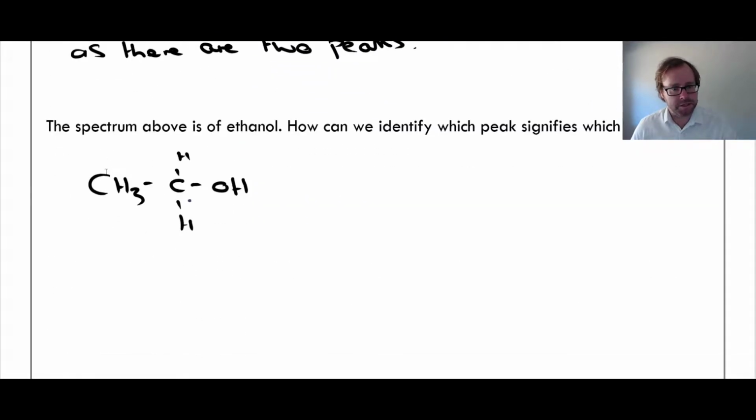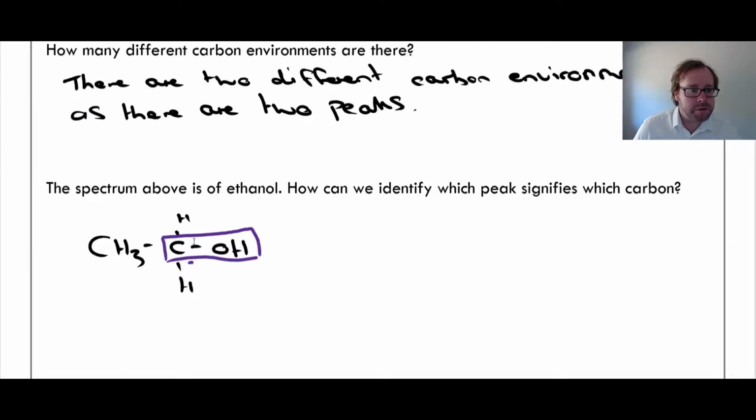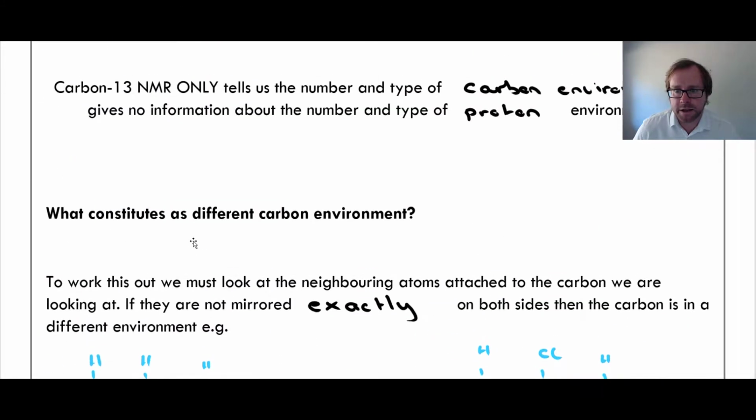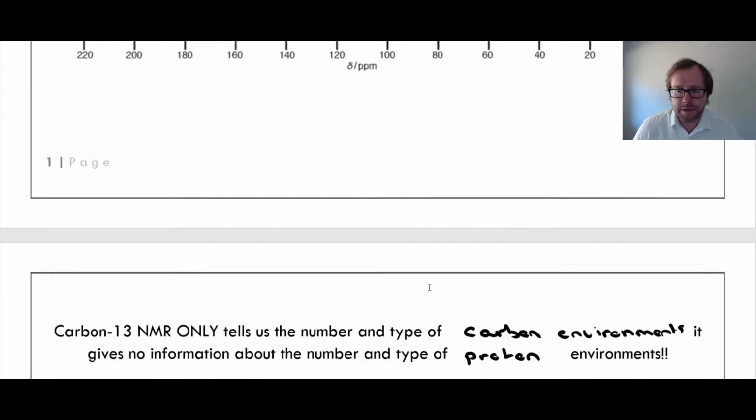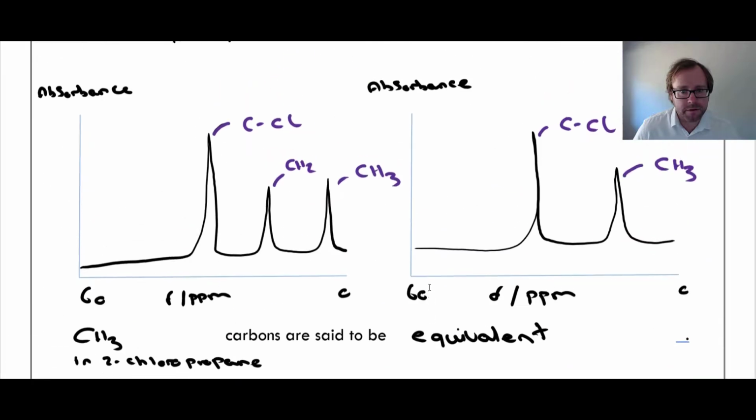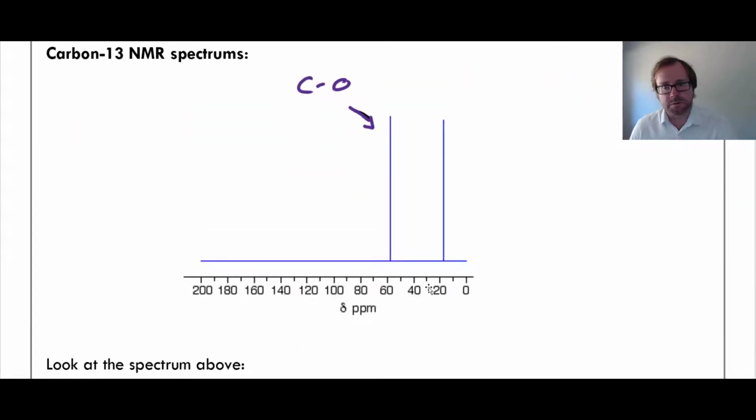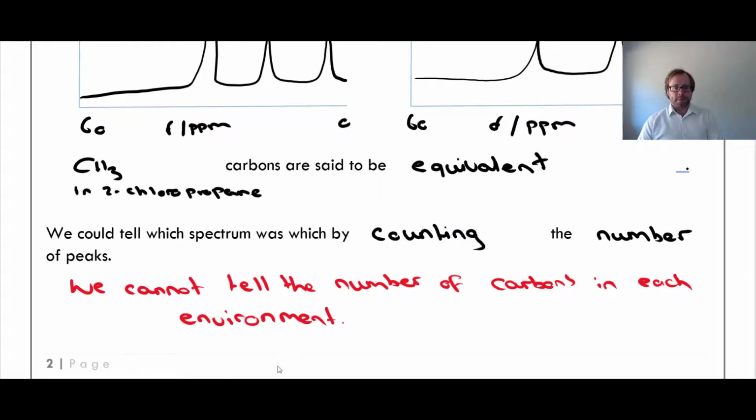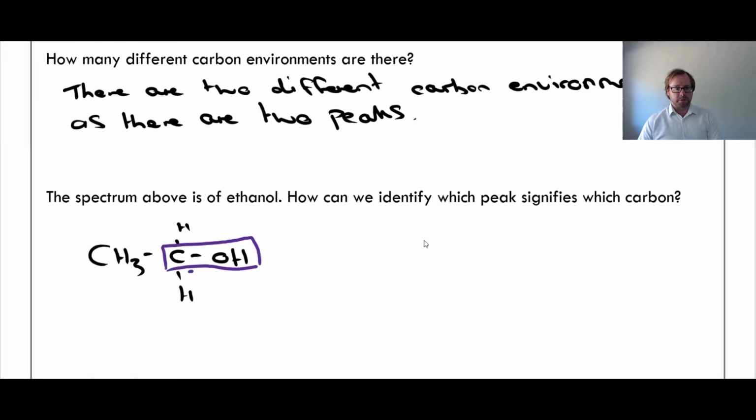Here's my CO peak, which also must mean that I have my CC peak here. Okay, hope that makes sense. So we will move on.